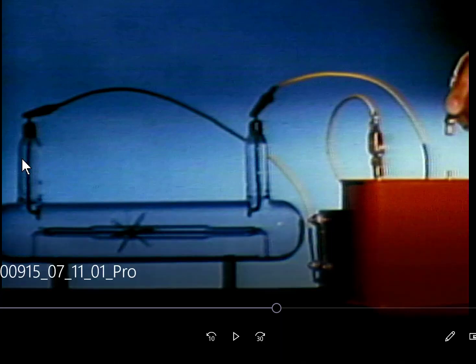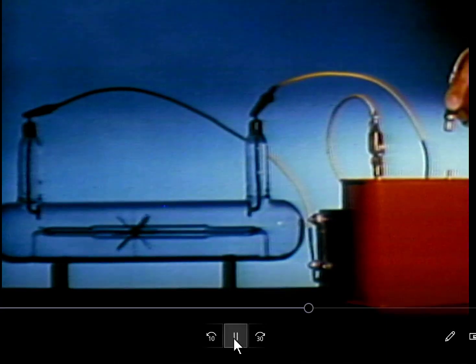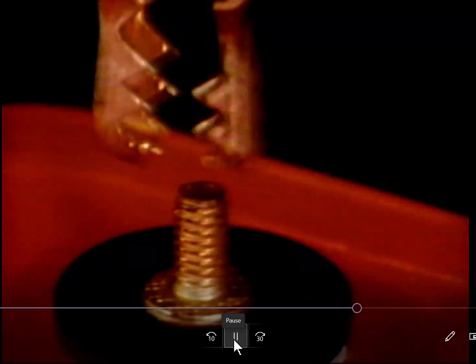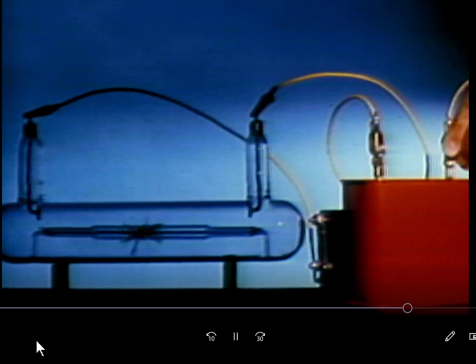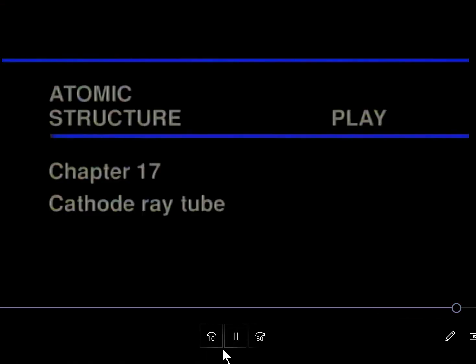And when they turn it on, you can't see the electrons as they move through the tube, but you can observe the effect they have on the wheel. They turn it on, the wheel spins.